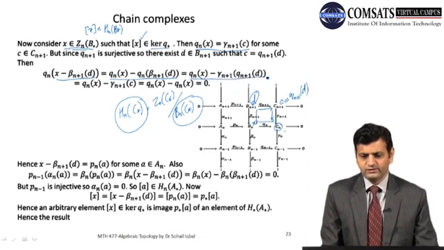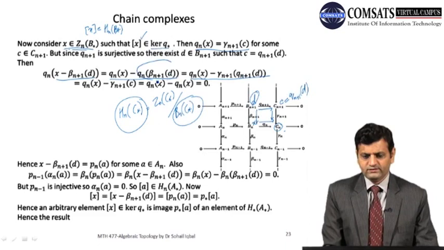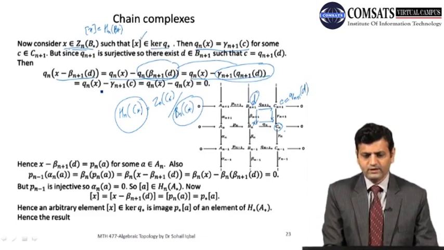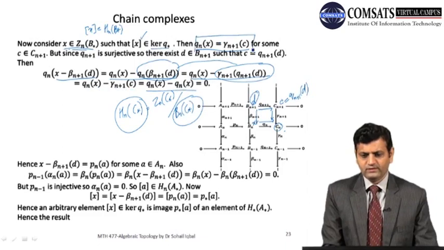Now Qn plus 1 of D is equal to C, so we have gamma n plus 1 of C, and Qn of X remains the same. This is equal to this because we imposed that gamma n plus 1 of C is equal to Qn of X, and this becomes 0.